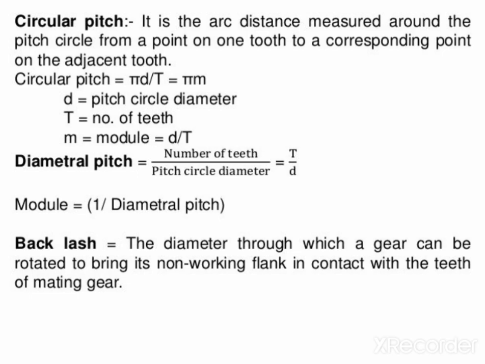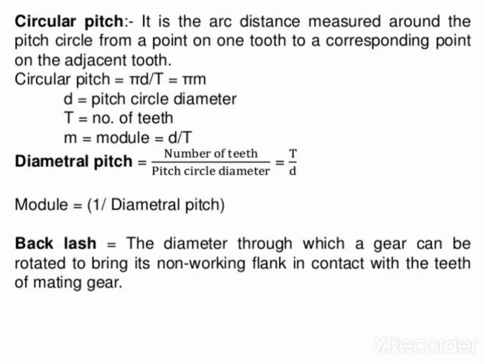This can prevent binding and compensates for the effects of thermal expansion, machining or installation variation, etc. Backlash is the distance through which a gear can be rotated to bring its non-working flank in contact with the tips of mating gears. Is it clear?